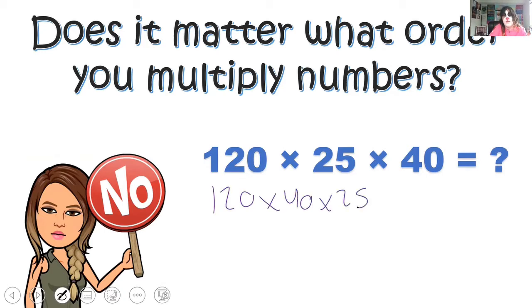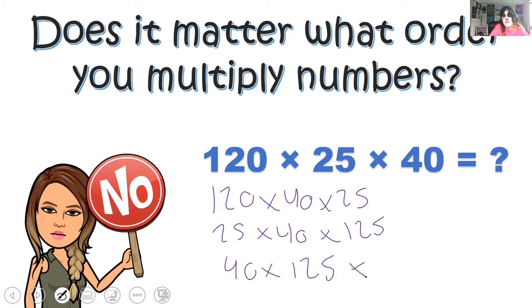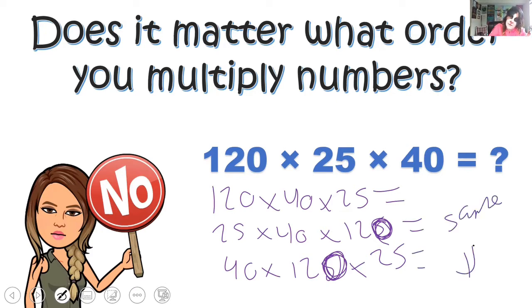It could be 25 times 40 times 120. It could be 40 times 120 times 25. It doesn't matter. They all equal the same thing.